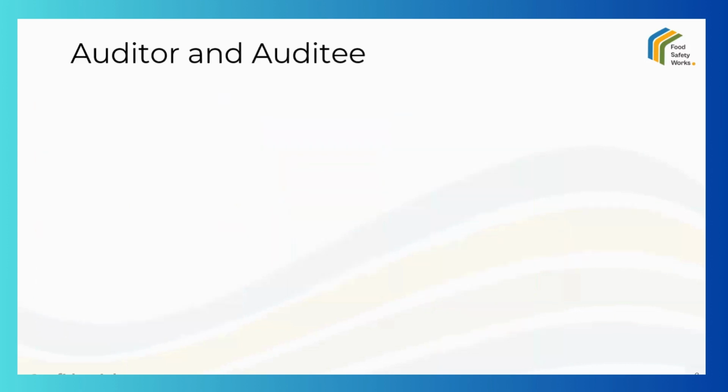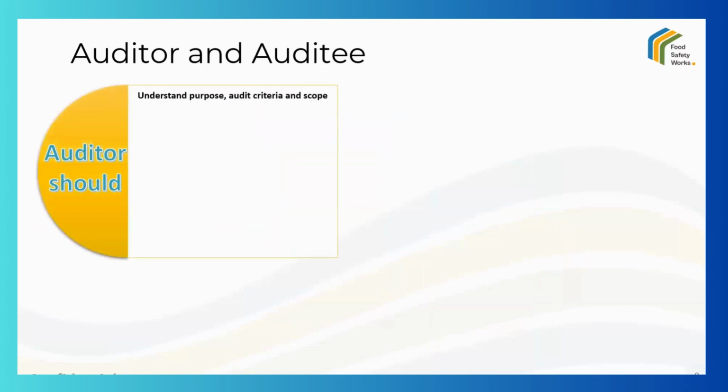Then comes your auditor and auditee management. The auditor should always understand the scope and criteria against which they are performing the audit. If the scope is to check the stores of a manufacturing unit, and the criteria is against FSSAI Schedule 4, for example, they have to stick to that.